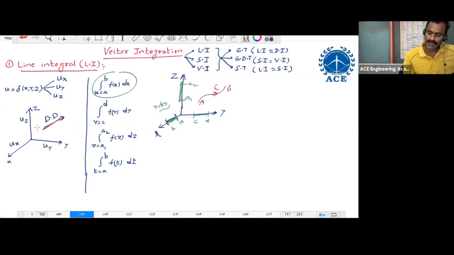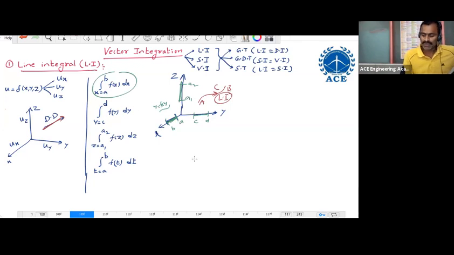In the same way, if you want to find the integral of the function along some arbitrary curve in space, such an integral is a line integral only. These are the integrals along the coordinate axes only. If you want to find the integral along a curve in space, an arbitrary path, such an integral is called a line integral.